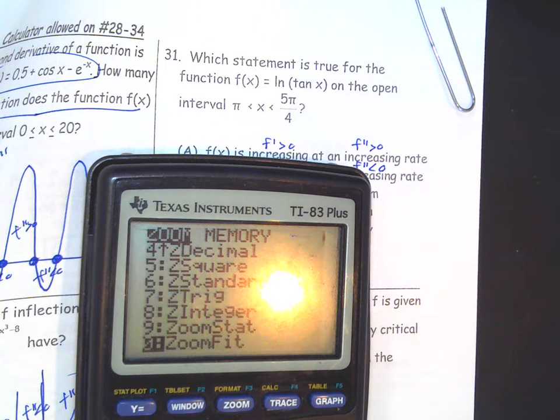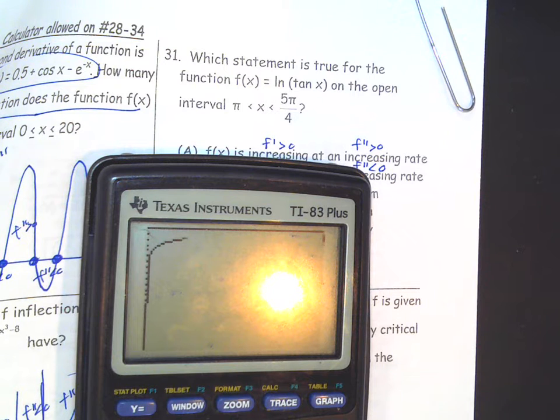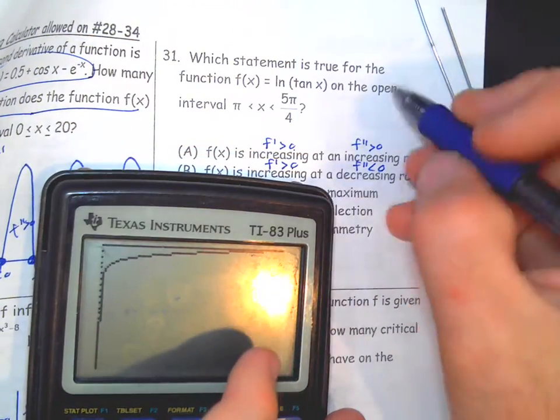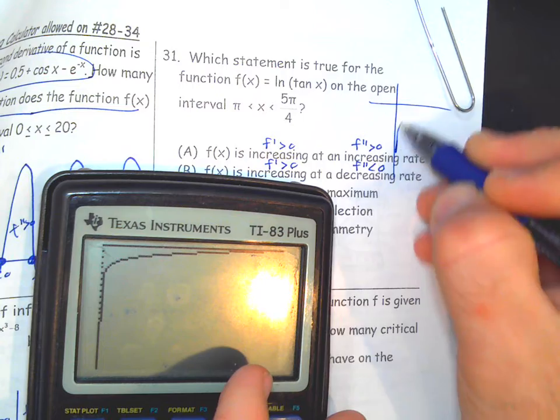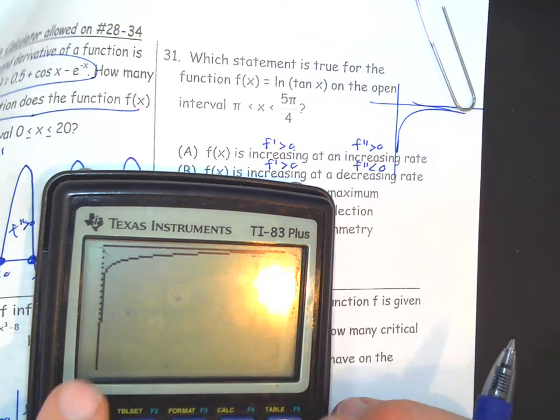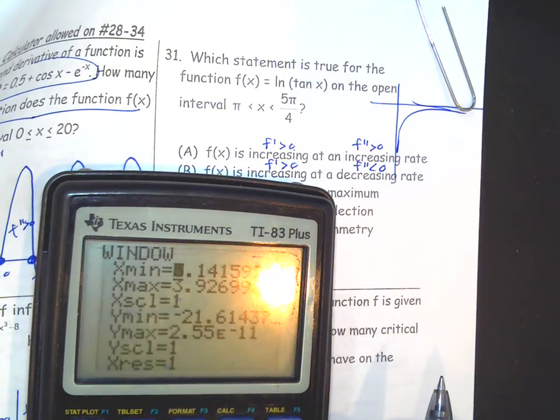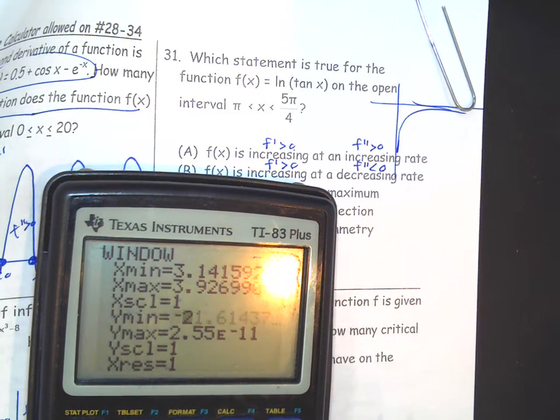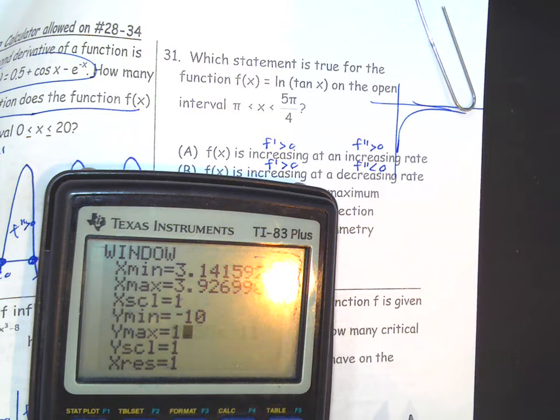So trying to get a quick graph. Wow. These look like really big numbers. Kind of looks like that, right? Window, I mean, super big. Y min, how about -10 to 1?